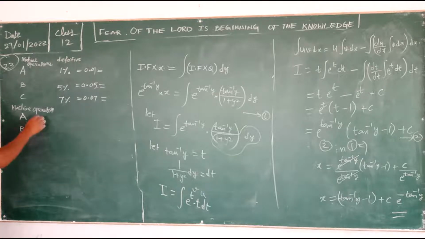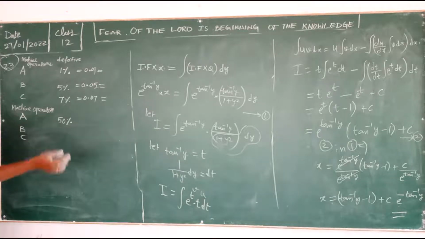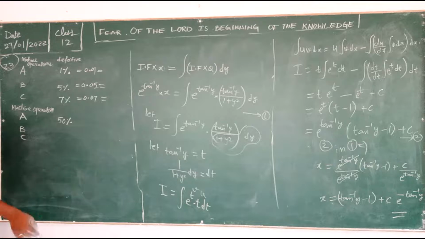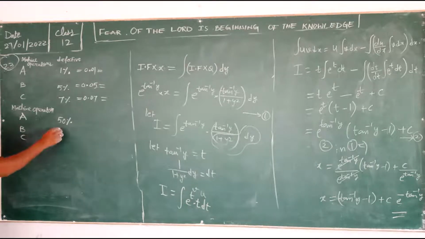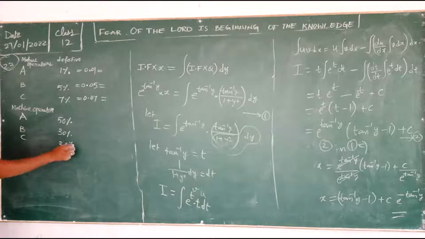So A is 50% of the time, and B is producing by the manufacturer operator, so it is 30% of the time on the job. And next C is on the job 20% of the time.